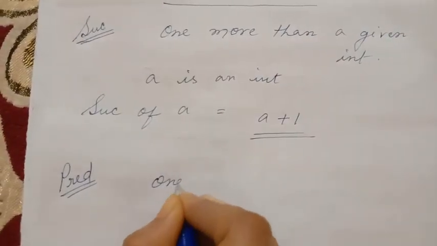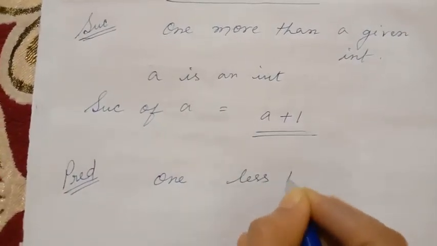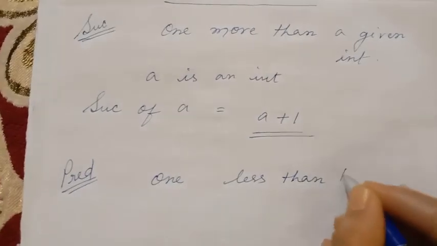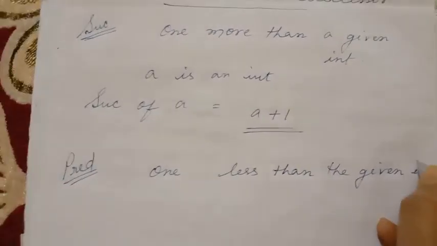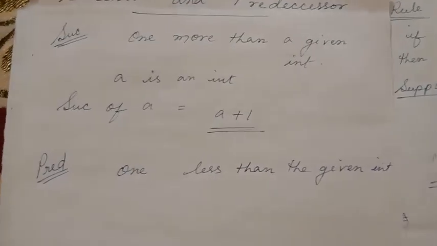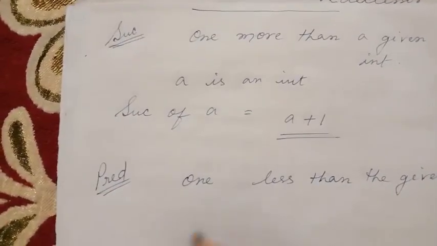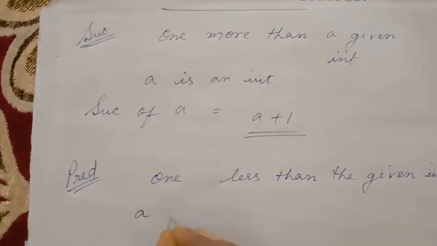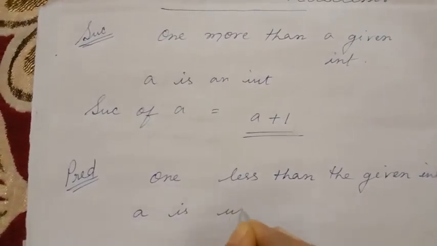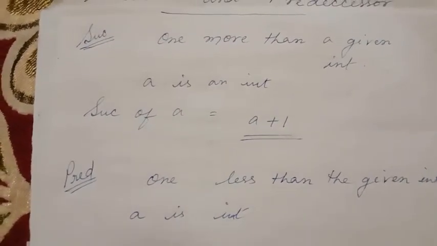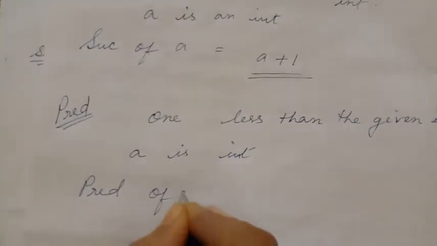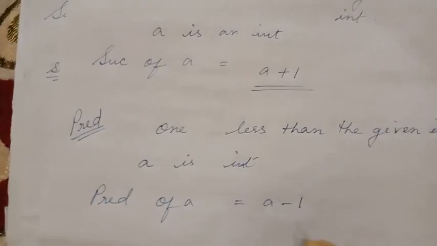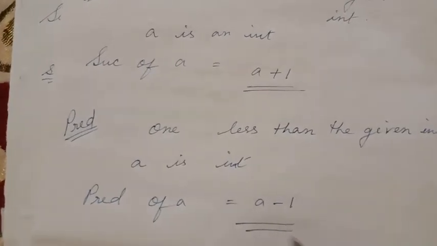It is one less than the given integer. So if a is an integer, predecessor of a equals a minus 1, 1 less than.